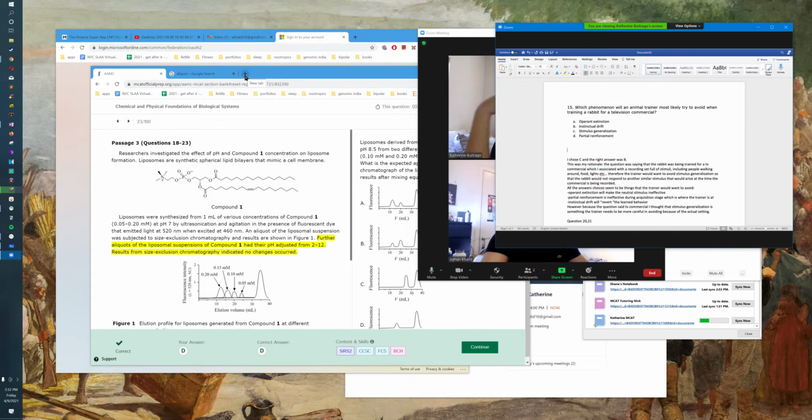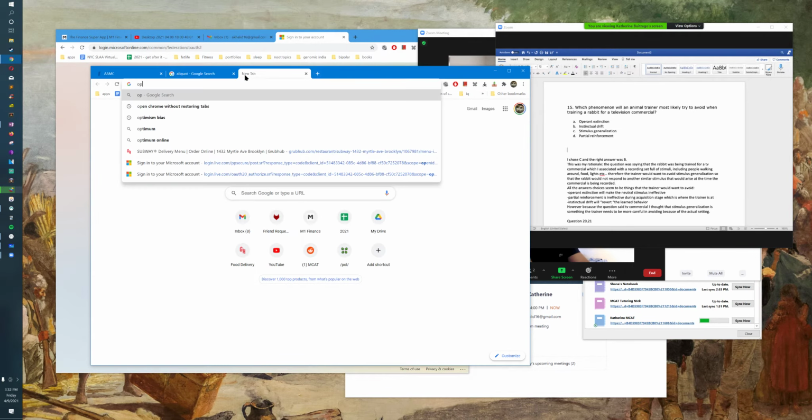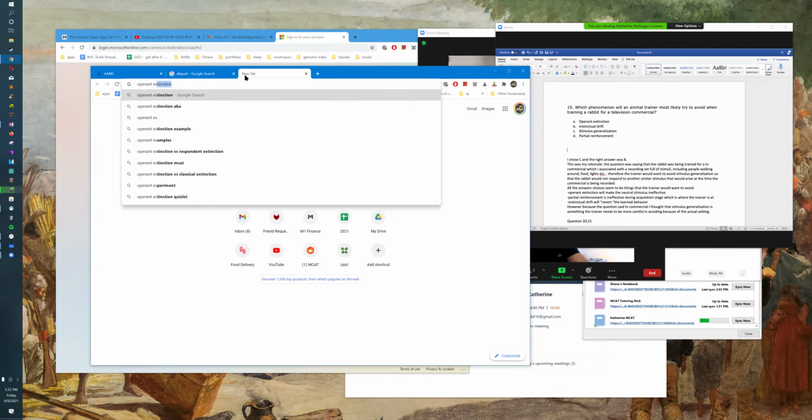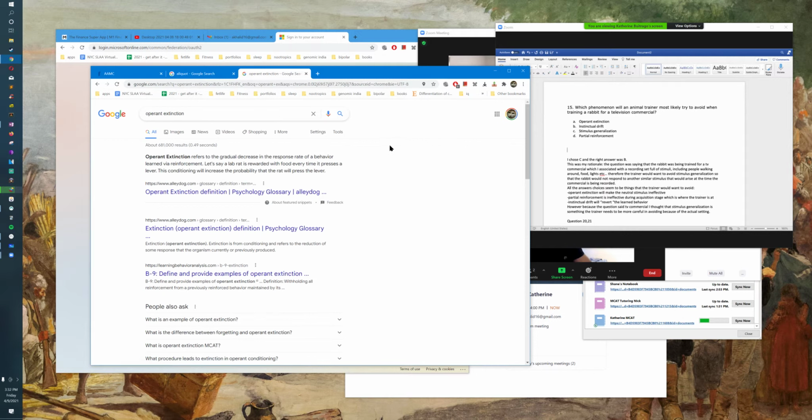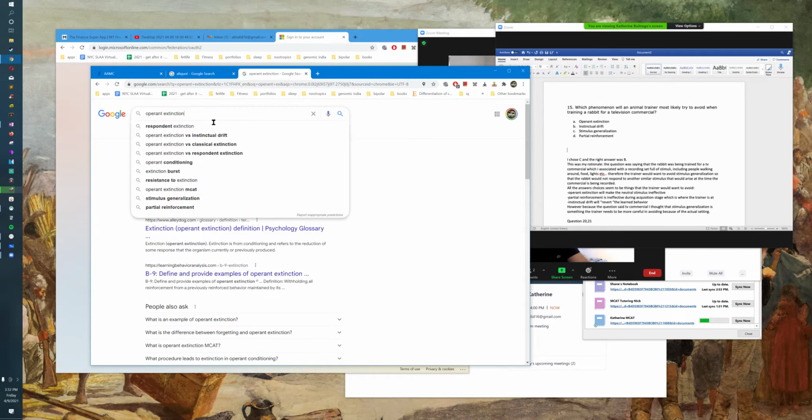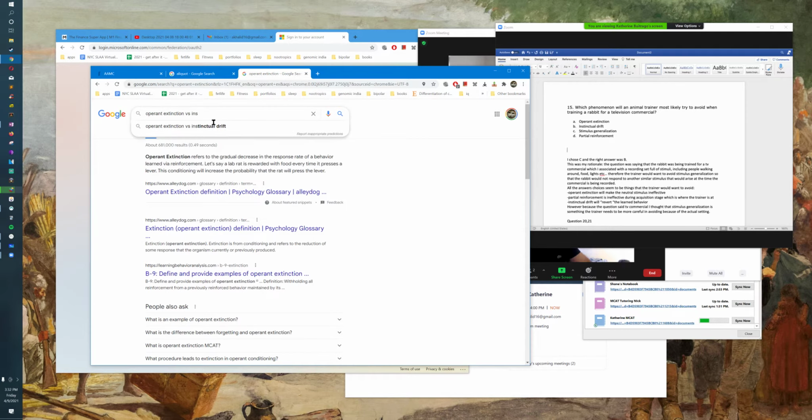Let me see. Operant extinction: gradual decrease in the response rate of a behavior learned via reinforcement. Okay, that's what I was thinking. So what's the difference between that and instinctual drift?